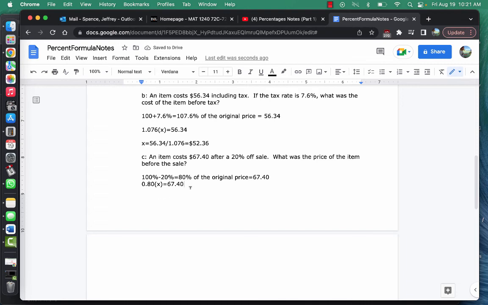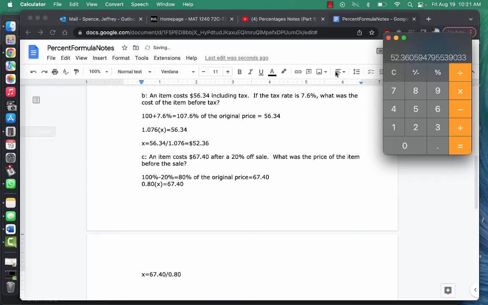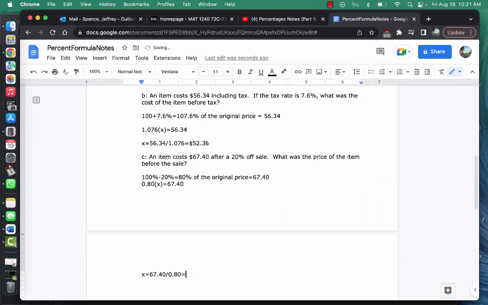Divide by 0.80, so x is 67.40 divided by 0.80. Round this to the nearest cent, so let's take a look at what that's going to be. $84.25, no rounding needed.